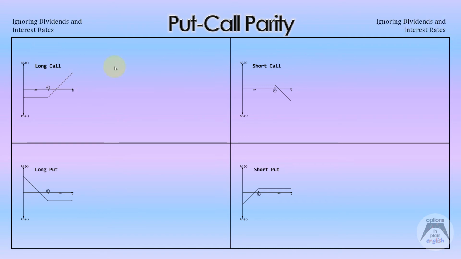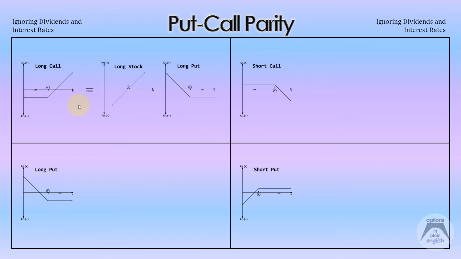Well, first of all, in this case, I'm going to be ignoring dividends and interest rates, but in reality, you shouldn't, because those are going to be the discrepancies between having one side of the equation and having the other one. Okay? So if you want to talk about a long call, how can I replicate it?